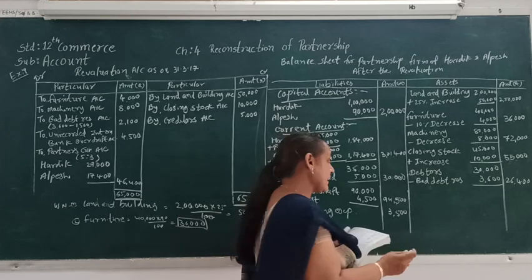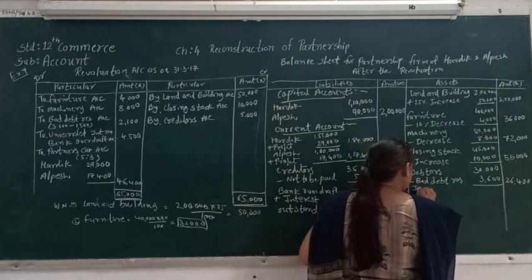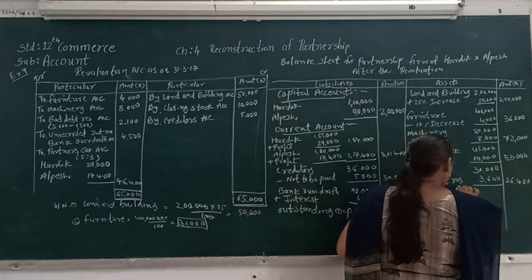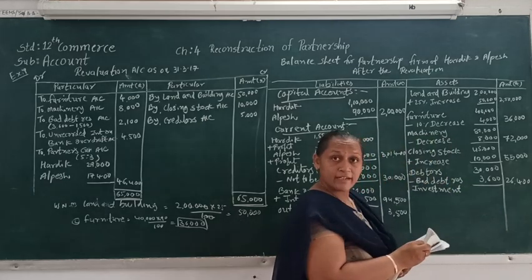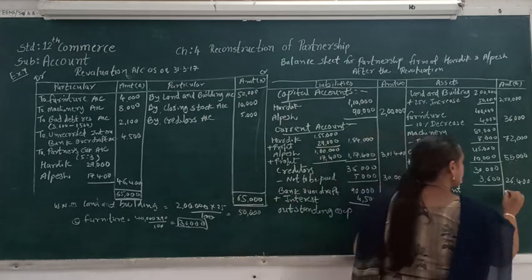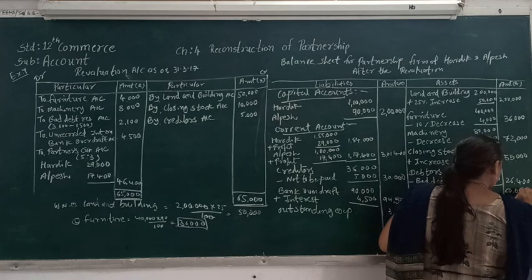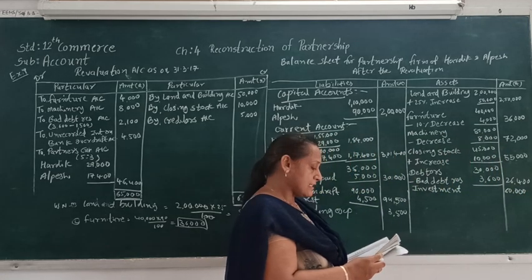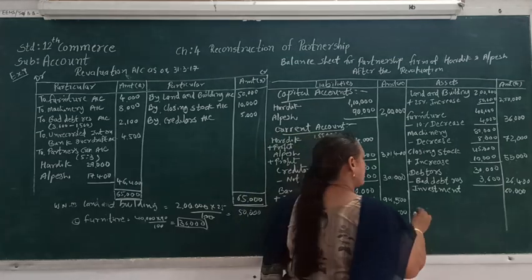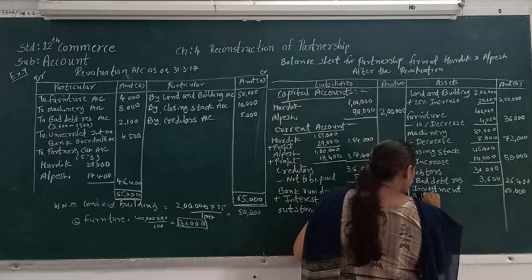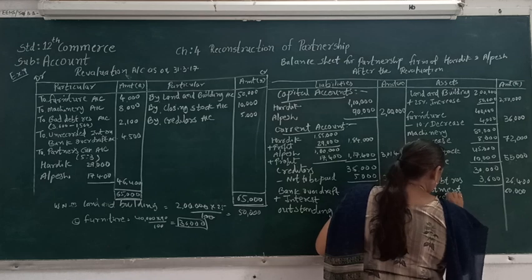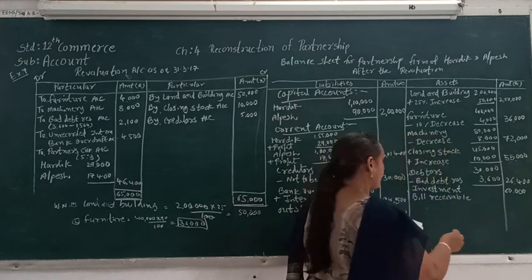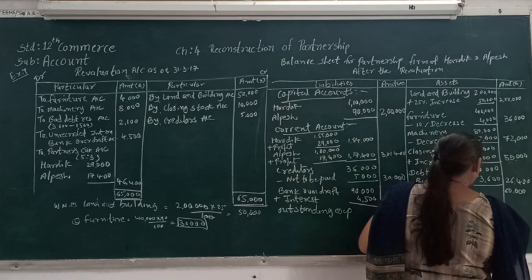Very first is an investment. So let's write the investment. So investment is straight we have to write from the balance sheet, that is 60,000. Then there is another thing, bills receivable. So let's write the bills receivable, and bills receivable is of 15,000.